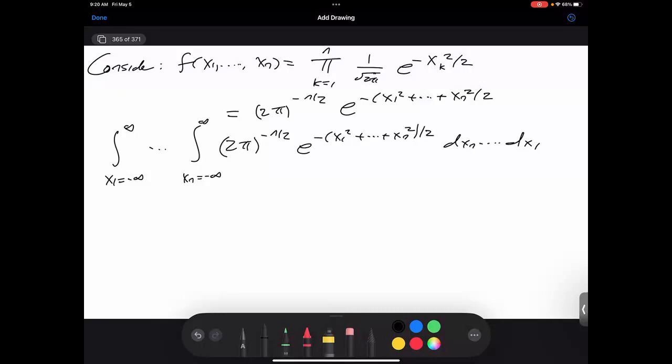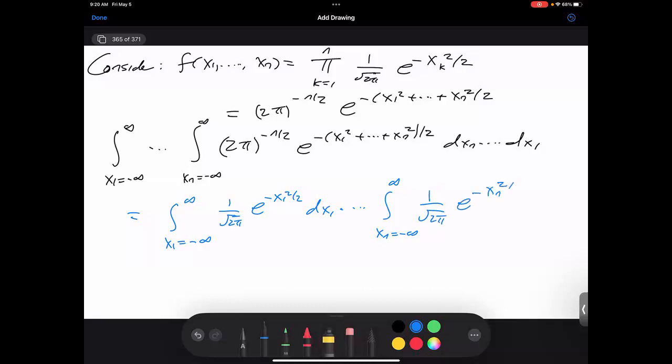This integral just factors. This is just going to be the integral x1 goes from -infinity to infinity, 1 over square root of 2 pi e to the negative x1 squared over 2 dx1, ... integral xn goes from -infinity to infinity, 1 over square root of 2 pi e to the negative xn squared over 2 dxn.